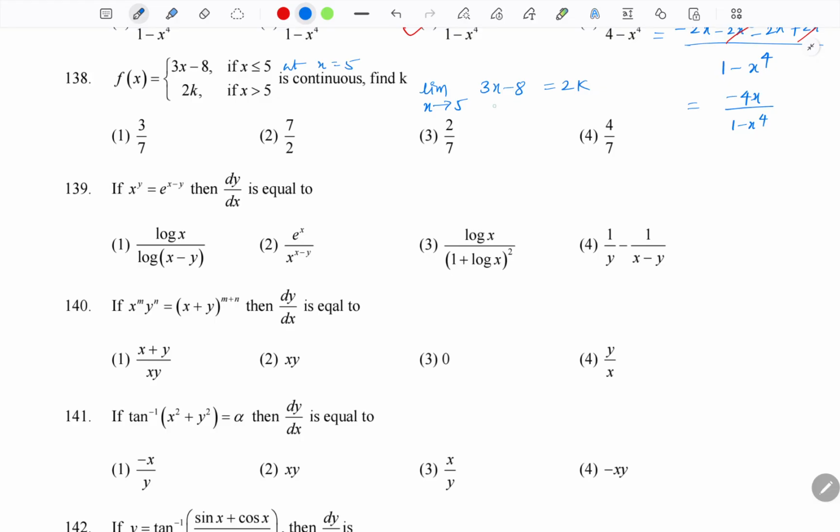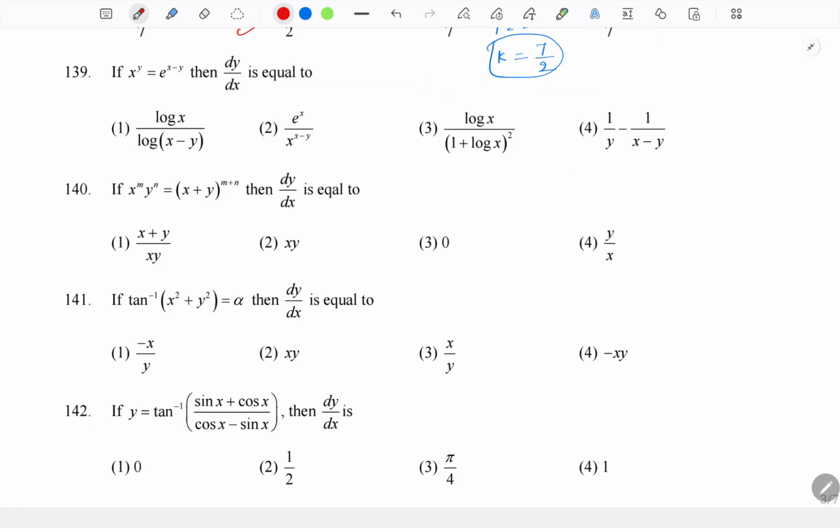Apply the 5, then 15 minus h equal to 2k, then 15 minus 8 equal to 7, 7 equal to 2k, then k equal to 7 by 2. We got the answer, it is option number 2.